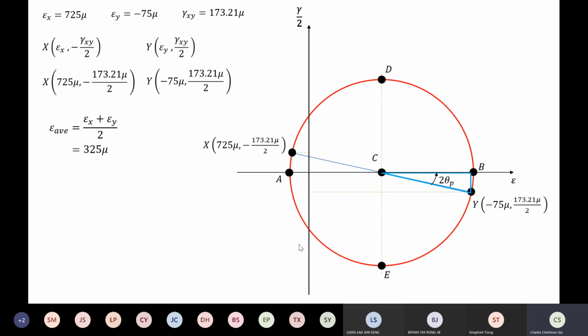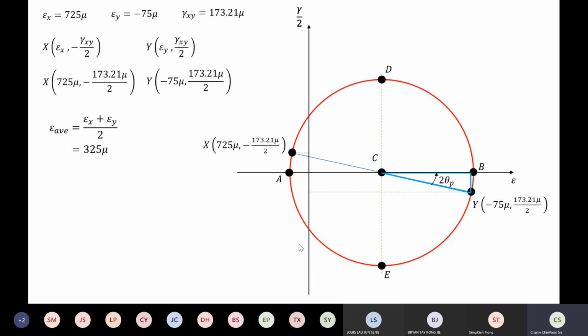After that, we will get the R of the Mohr circle is 409.3 micro. This triangle is quite useful in Mohr circle, so you need to identify this triangle to calculate the theta p and calculate the R.